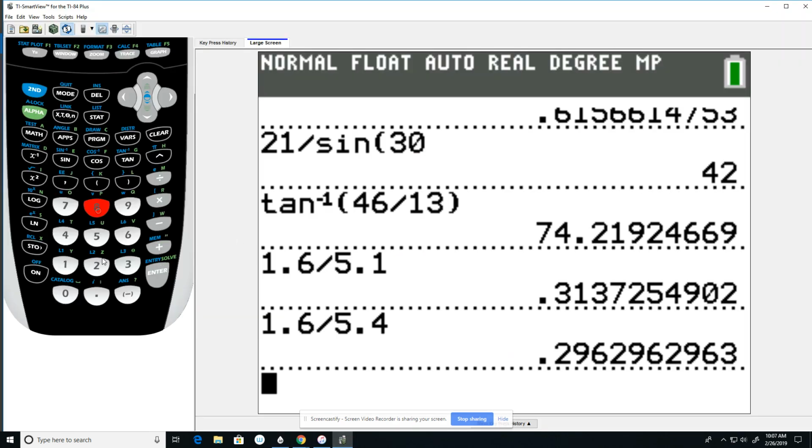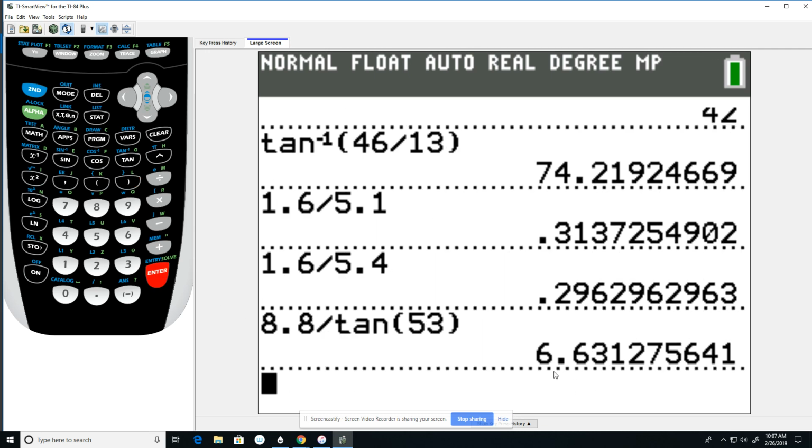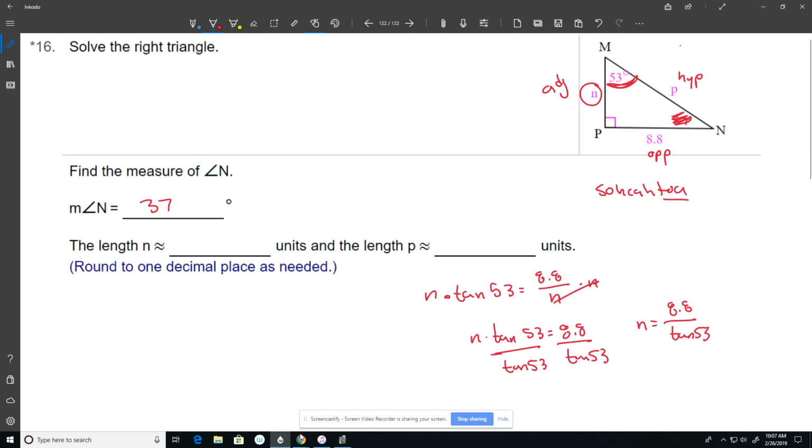On my calculator, 8.8 divided by tangent of 53, I get 6.631. But it wants me to round to 1 decimal place, so the 3 makes me round down. So N is going to be 6.6.